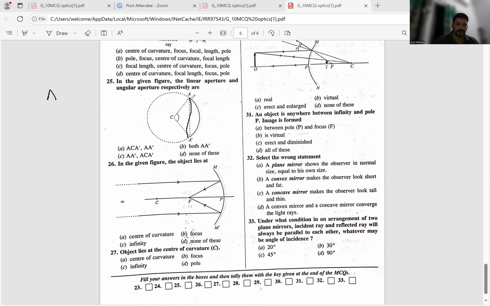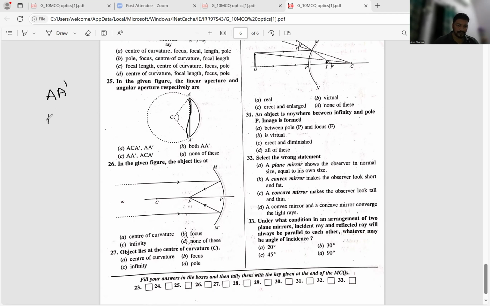The reflecting part of the mirror, A dash A dash, is the aperture. Okay, so after that the question is about AC, AC and A dash.